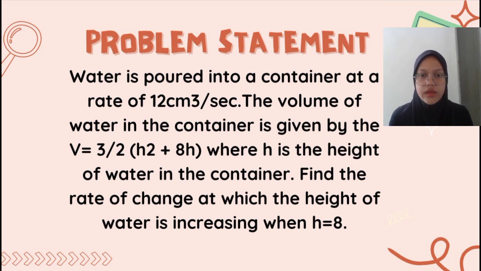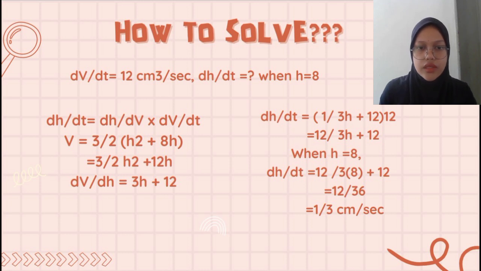The question asks to find the rate of change at which the height of water is increasing when h equals 8. So the first step to solve this question, we have to identify dV/dt, which is equal to 12 cm³ per second. Next, in order to find the rate of change, which is represented by dh/dt, we have to multiply the value of dh/dV and dV/dt.